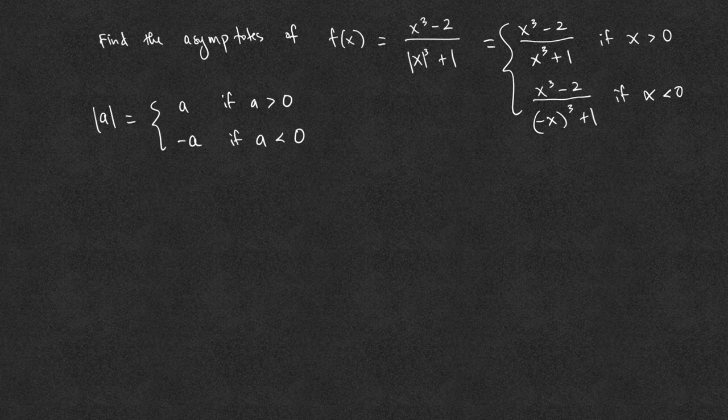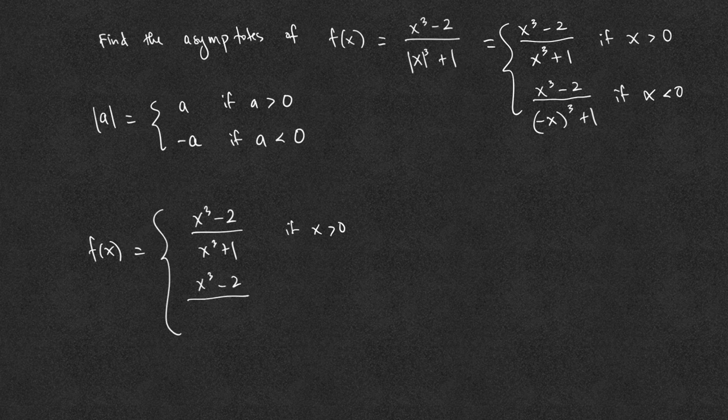Now this is the same as x cubed minus 2 over x cubed plus 1, the first part, but the second part is x cubed minus 2 over negative x raised to the third power, negative x to the third power, if x is negative.